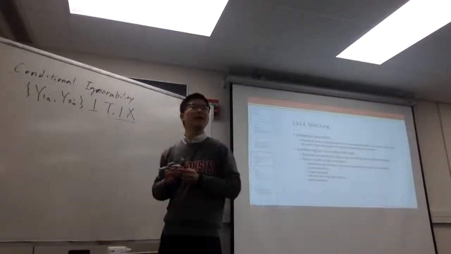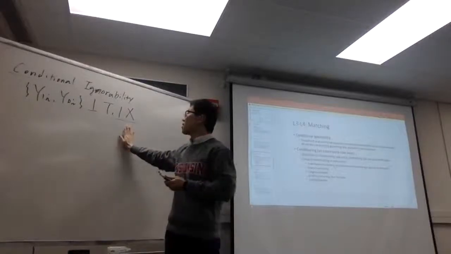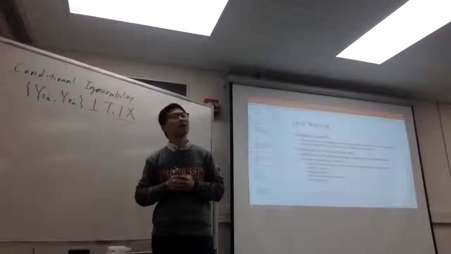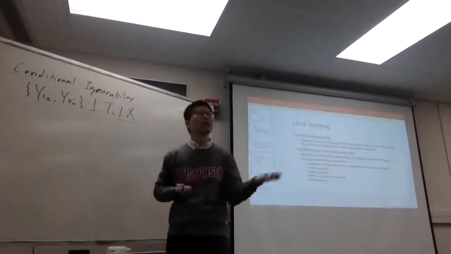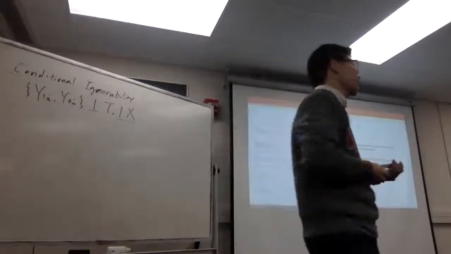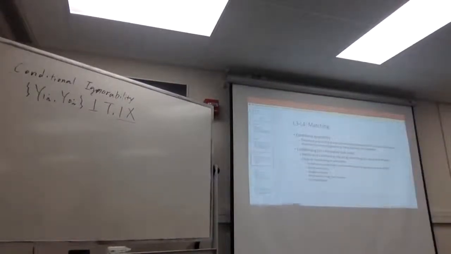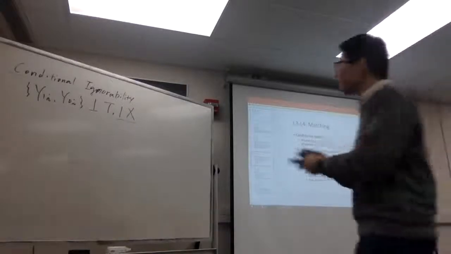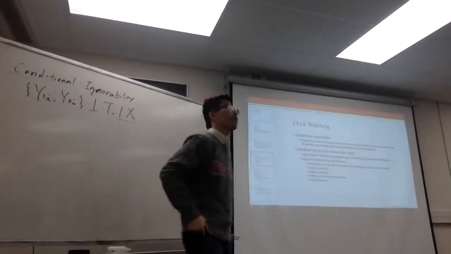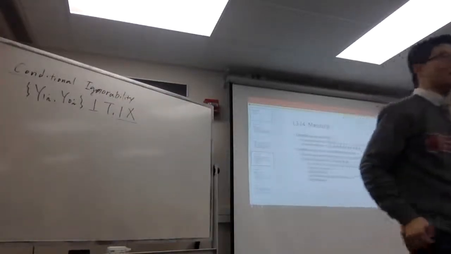It is basically that these two groups, treatment group and control group, are comparable given some covariates controlled or conditioned. As long as some covariate values are the same, then you can achieve the ignorability. That's what conditional ignorability means.